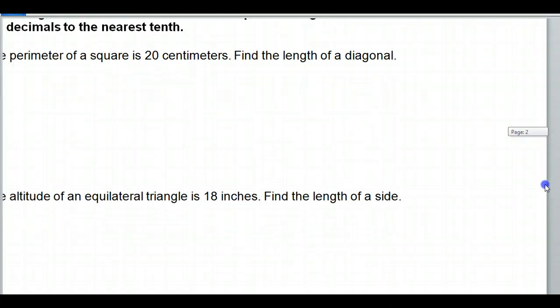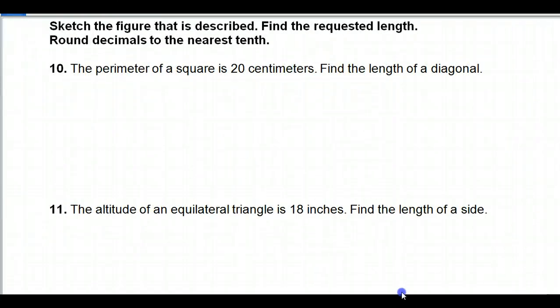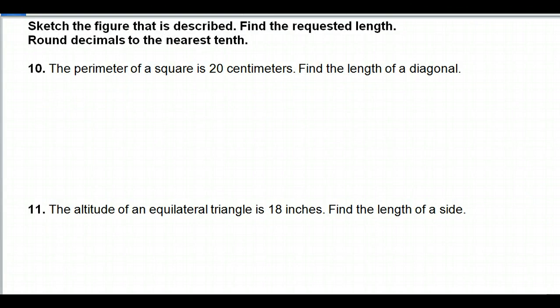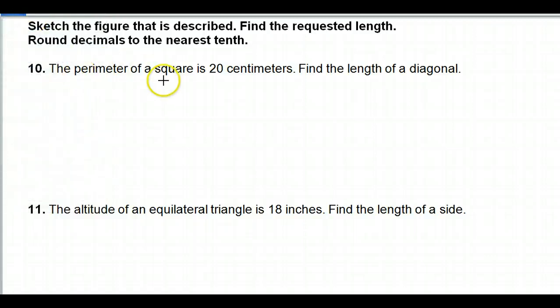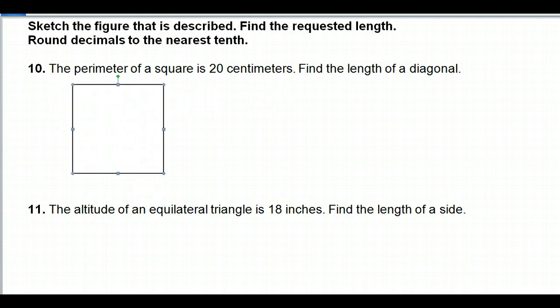Okay, now that brings us to the little word problems on the back. Let's definitely draw these pictures. The perimeter of a square is 20. Okay, the perimeter of the square is 20. So that means this is 5, 5, 5, and 5.